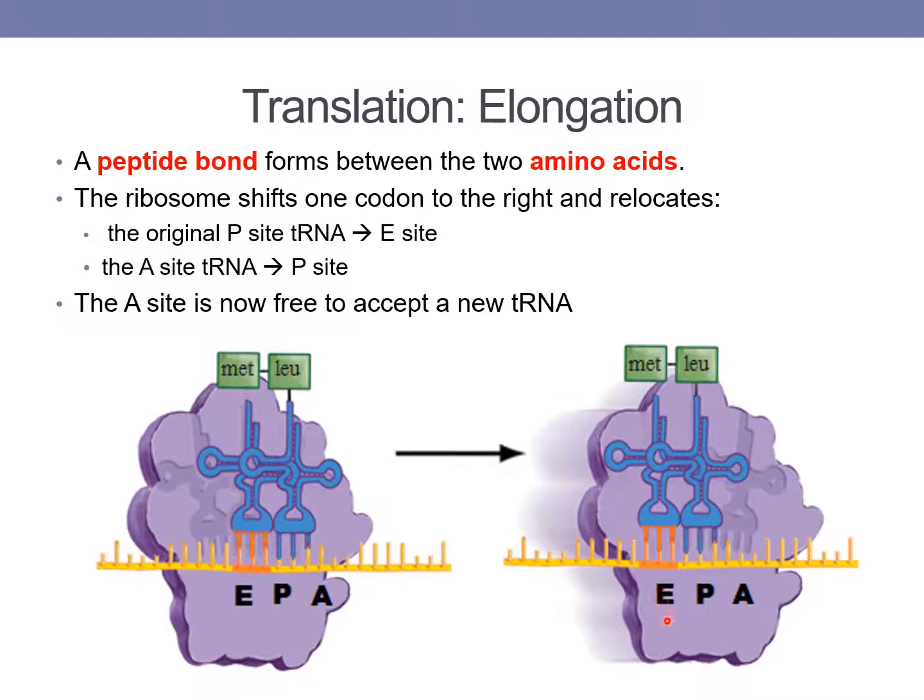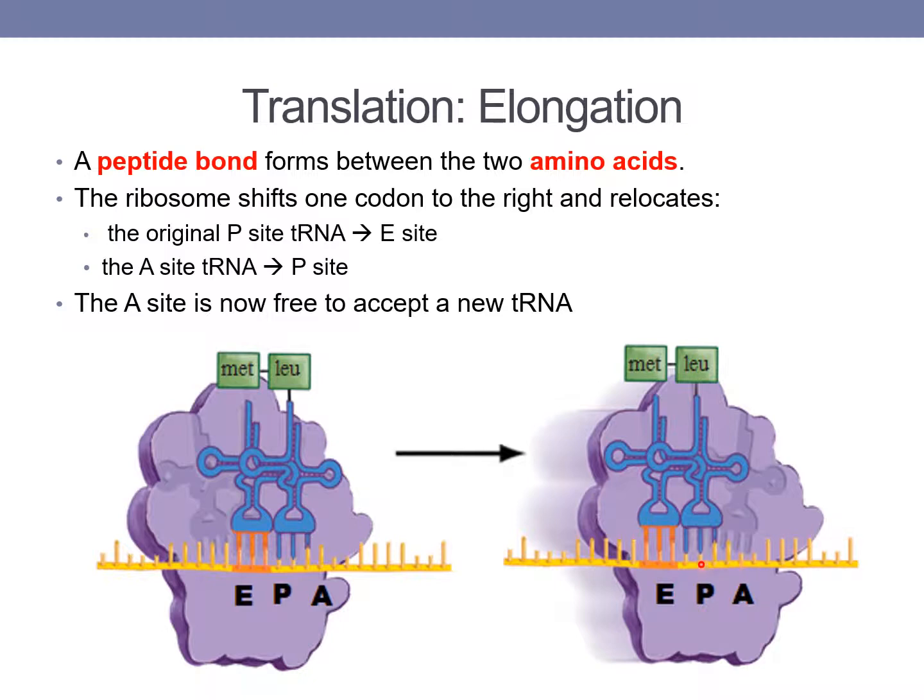So once this transfer RNA that has released its amino acid has been transferred to the exit site, it can now exit from the ribosome, go and pick up another methionine, and start another protein on another ribosome.